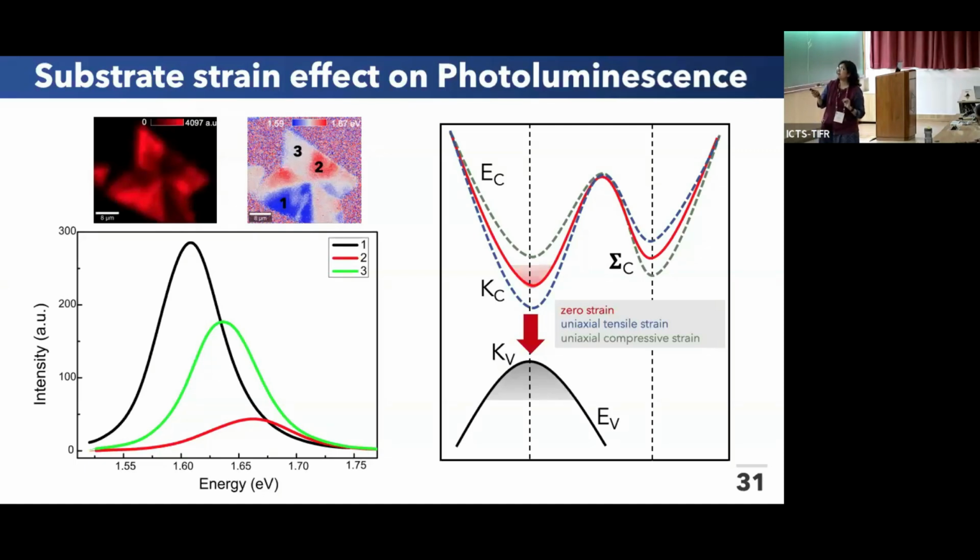And in region 1, it is shifted towards lower energy, but there is an increase in the intensity. This can be explained by changes in the band structure when you apply uniaxial tensile and compressive strain. In one case, with tensile strain, your band gap is reducing, whereas in the other case your band gap is increasing and you start seeing more effects from the indirect band gap transitions.